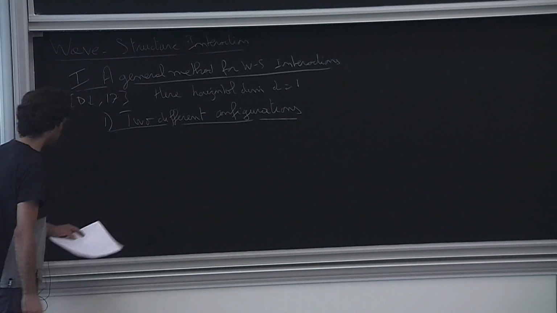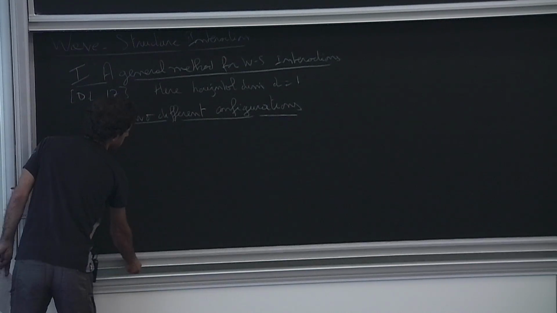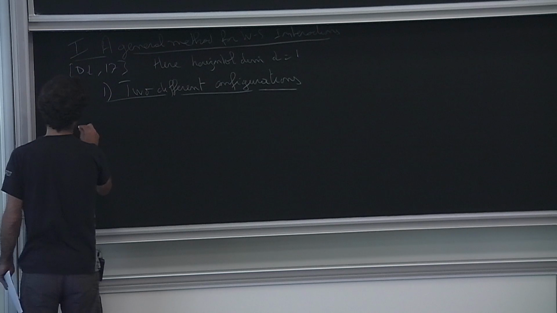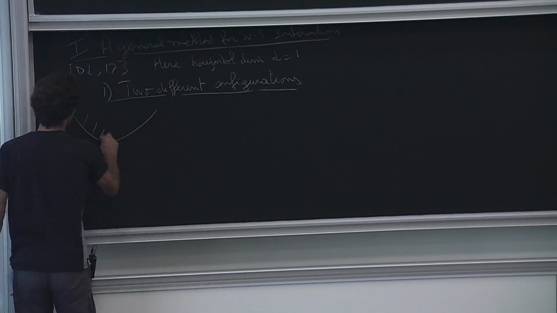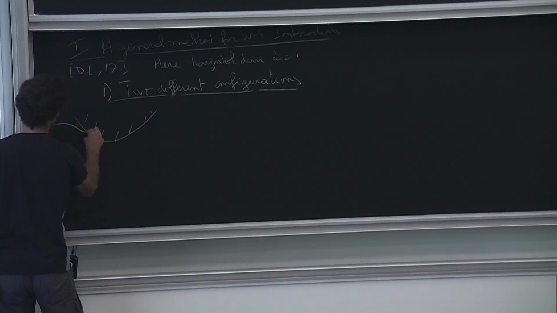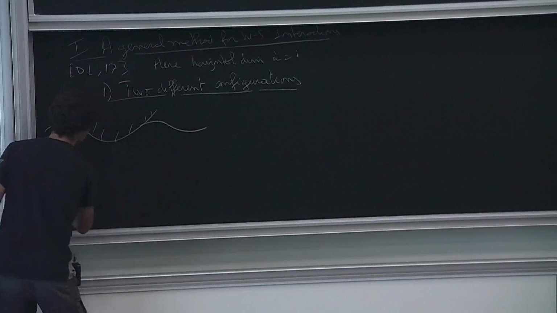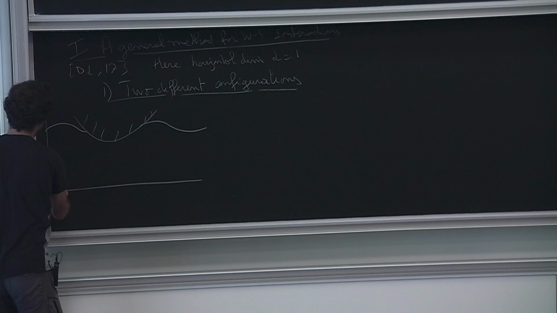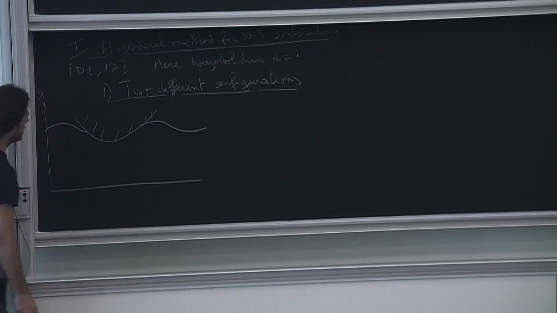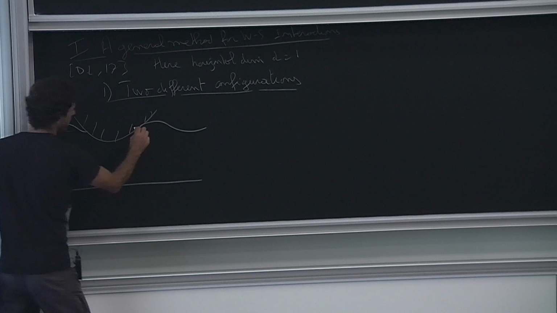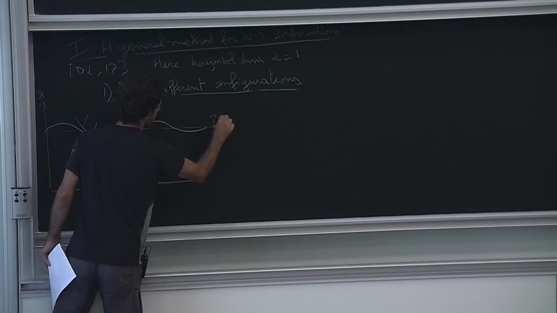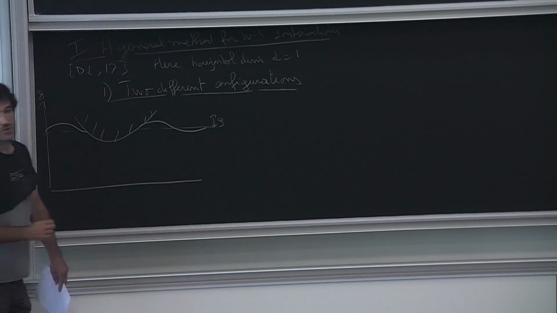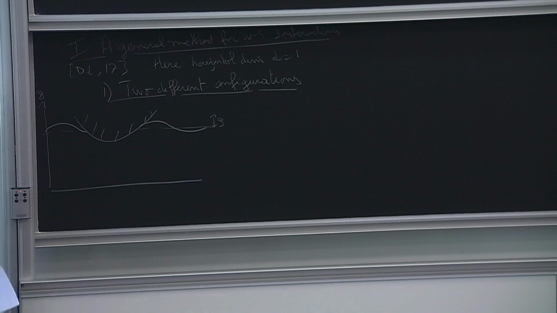So the first configuration is where you have a floating object. The object is like this. It's partially immersed. I will assume that the vertical coordinate is z. What I will write, zeta, is the parametrization of the surface of the fluid.